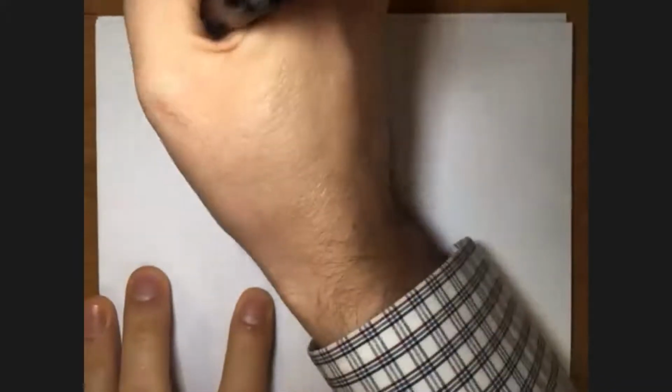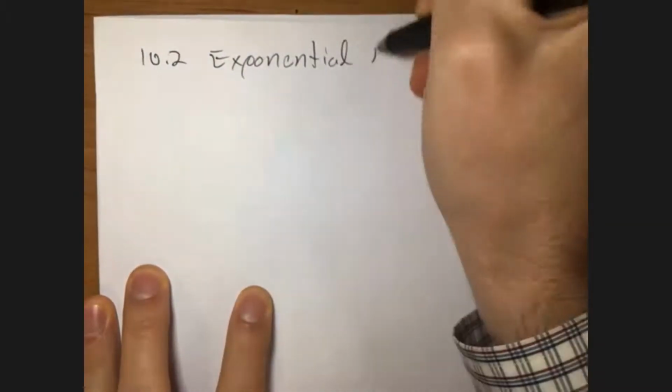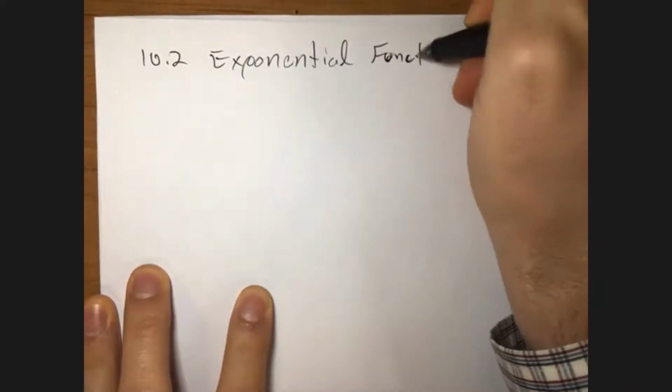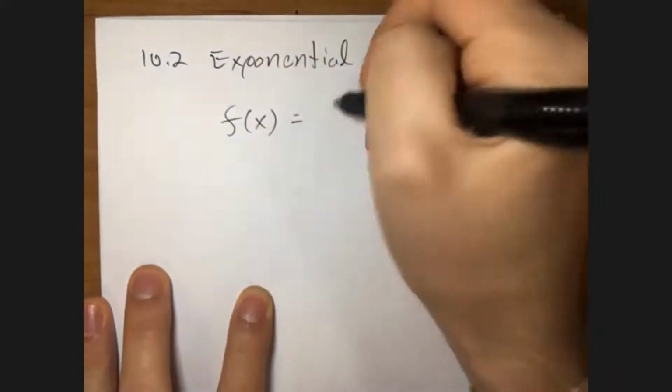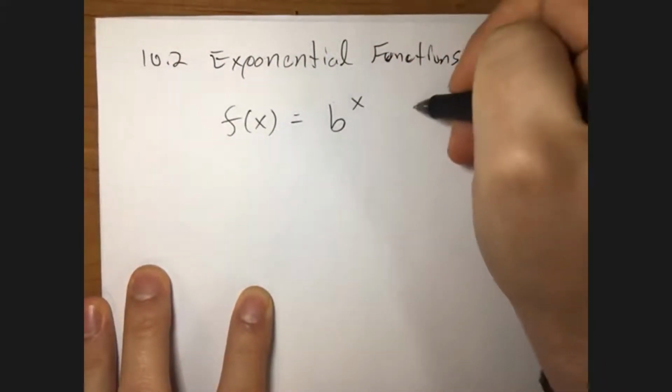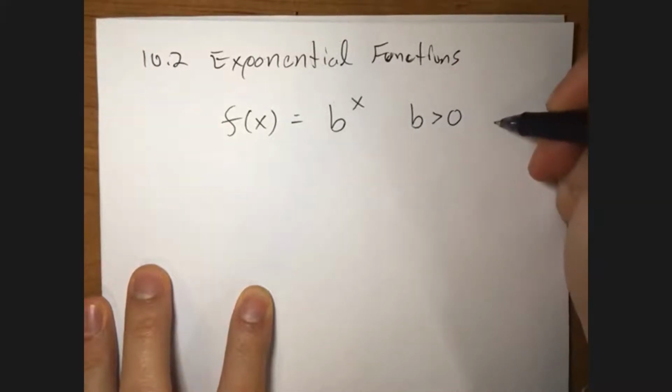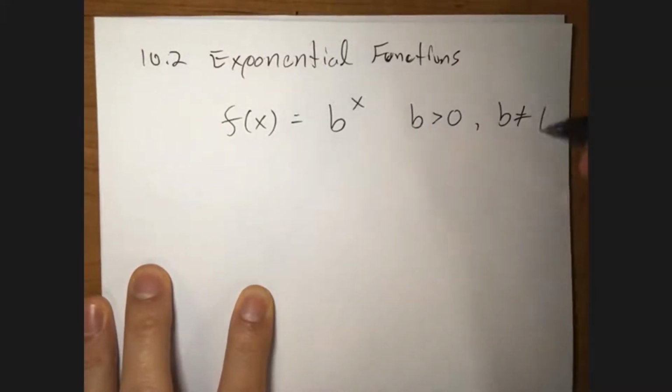We talked about section 10.2 exponential functions. That's what we just did here in that example. And then we talked about logarithmic functions. Let me quickly just go over those. Okay, so exponential functions in 10.2. These are functions of the form b to the x, where b is positive and b is not equal to 1.